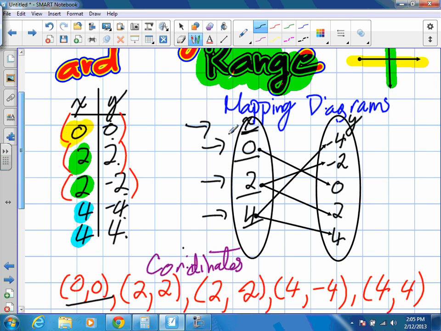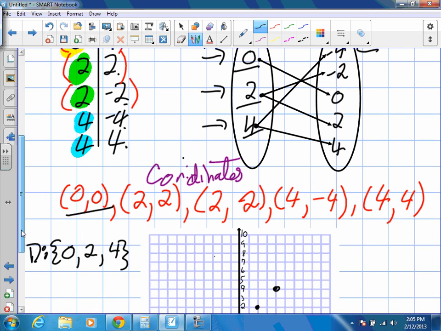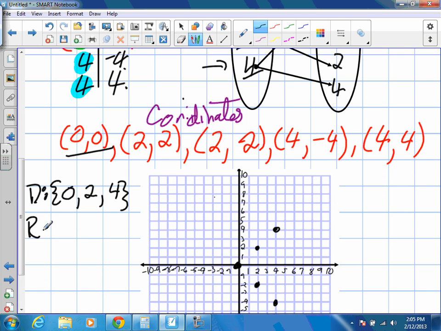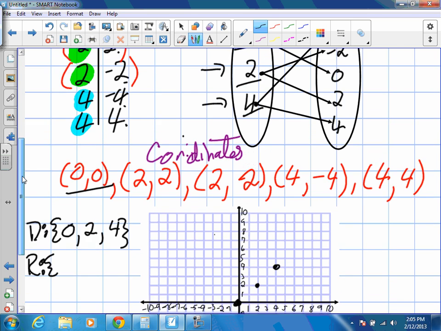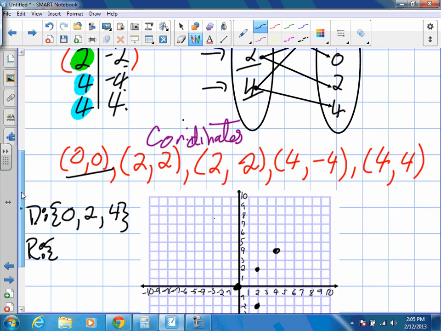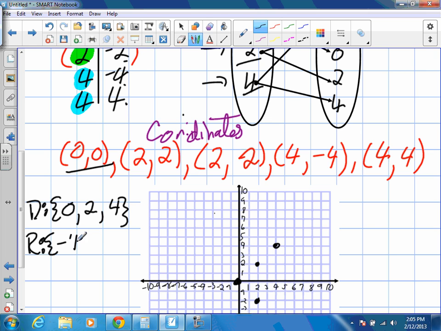The range is going to deal with the y values. Now, there are no repeating y values, so we're just going to write out all of the y values. The range, and we write them in order from lowest to highest. We start at -4, then -2, 0, 2, and 4.